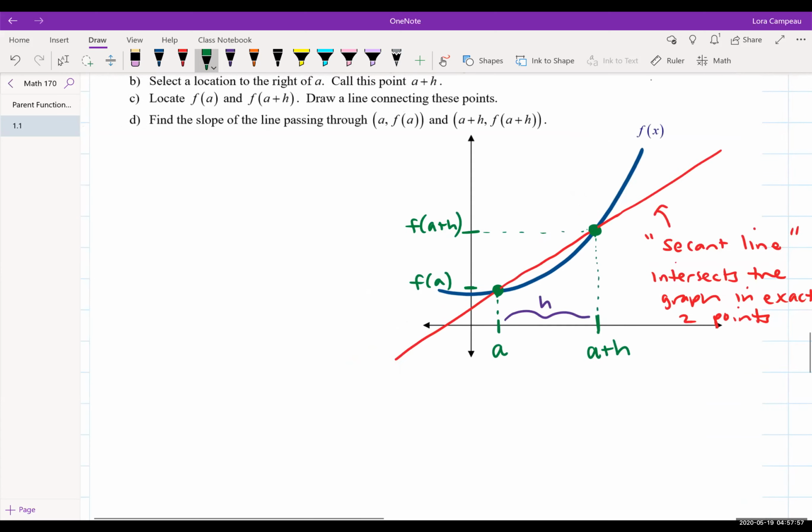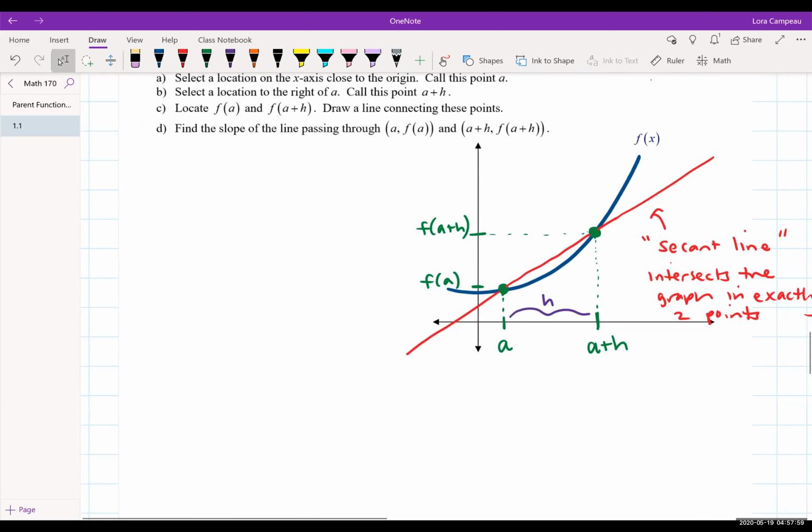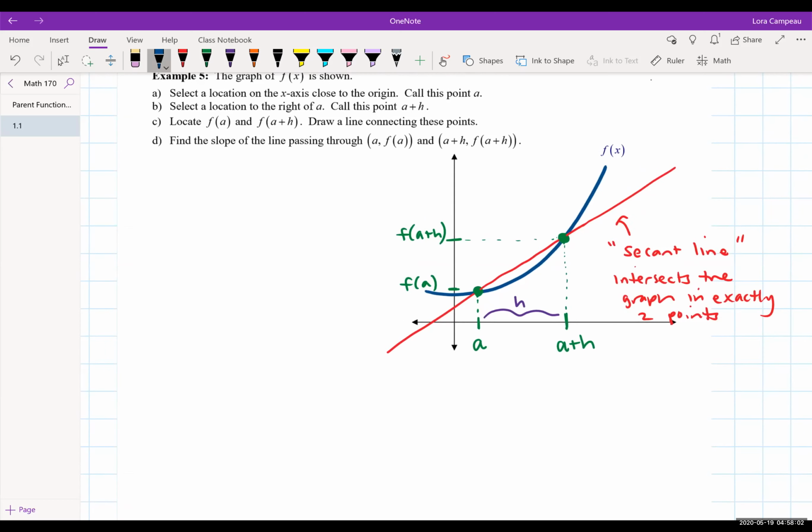And so what I like to do is pull back some prior knowledge. Just remind me that if we're talking about the slope of a line through two points, let's bring that back to the front of our minds. I know we used to talk about slope as m.